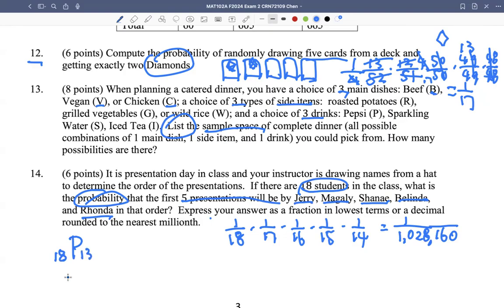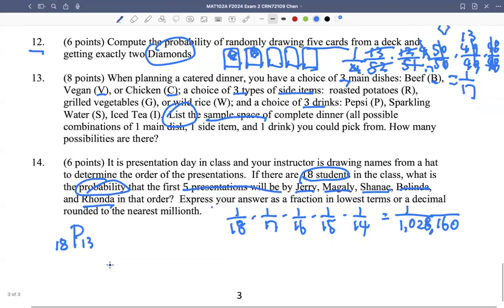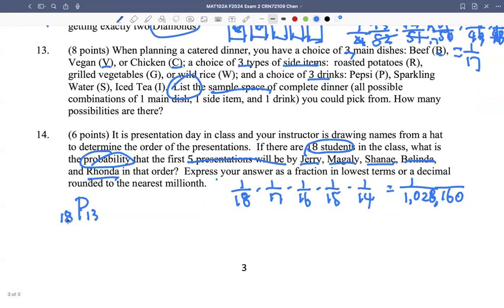This is just another way of thinking about it. Then divide by the whole thing, which is the permutation of 18 people.